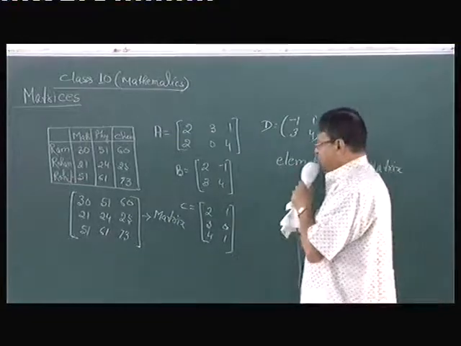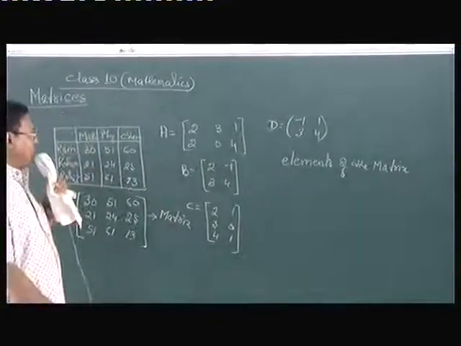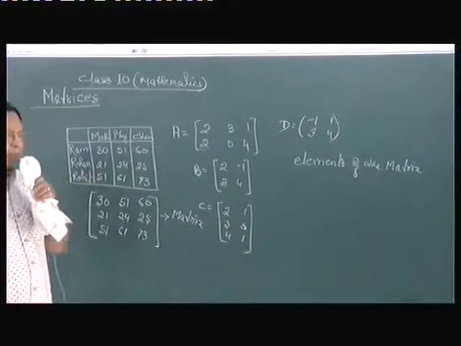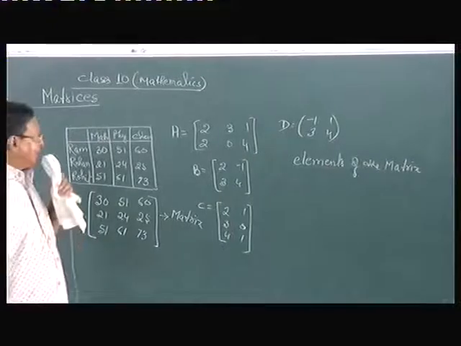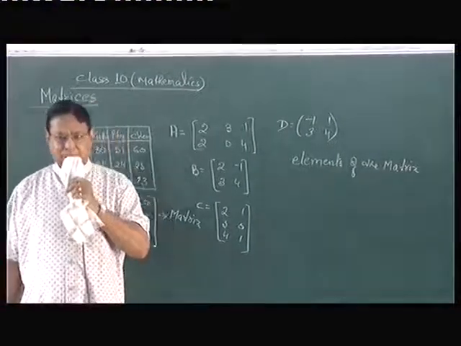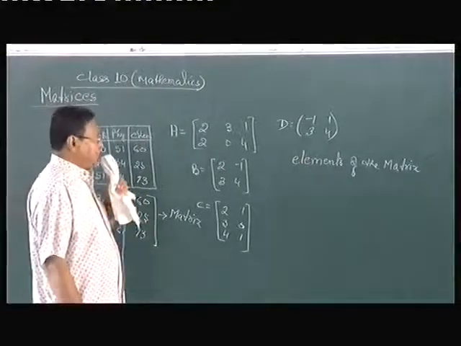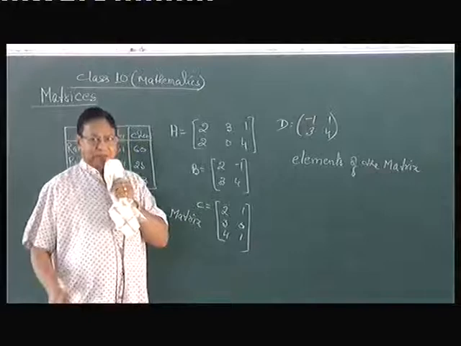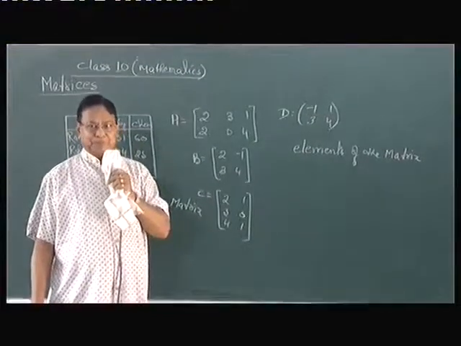Now when we come to matrices, look at it. There are some looking like rectangles, some looking like squares. The matrix can be a square matrix, or a rectangular matrix. I'll come to that a little later. In the beginning, the matrix consists of rows and columns.